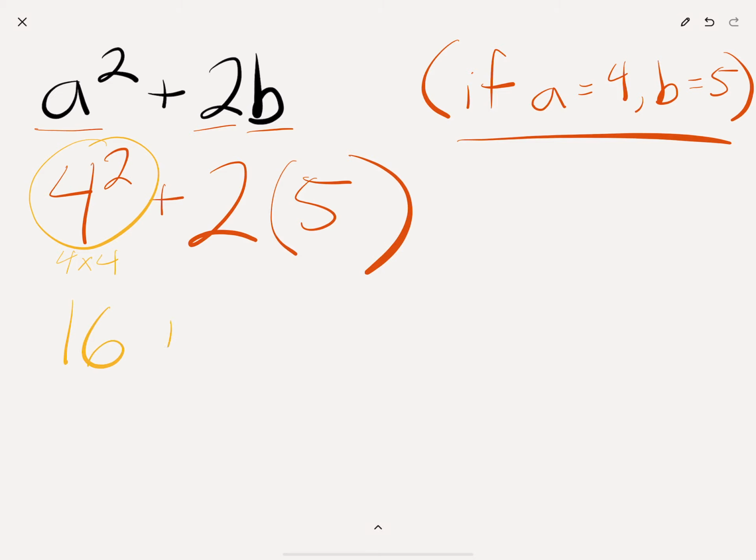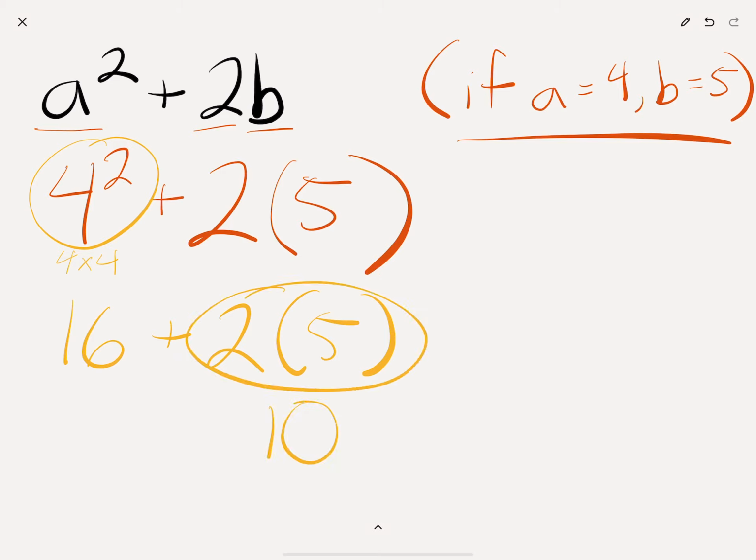I'm going to bring the rest down, plus 2 times 5. Next step, multiplication and division, and I do have that. 2 times 5 equals 10. Bring down the rest of my expression, and last step, I'm going to add 16 plus 10, which of course is 26. And we have evaluated this algebraic expression. A squared plus 2b when a equals 4, b equals 5 equals 26.